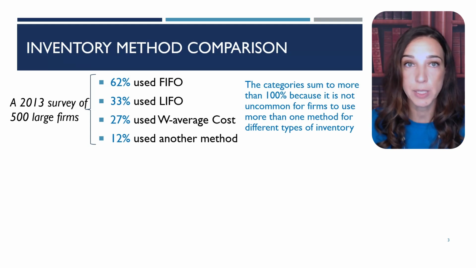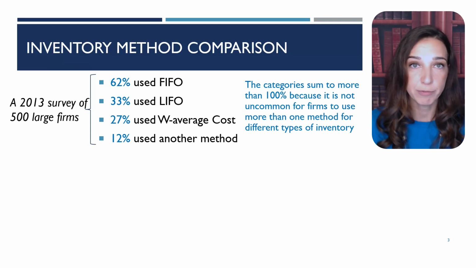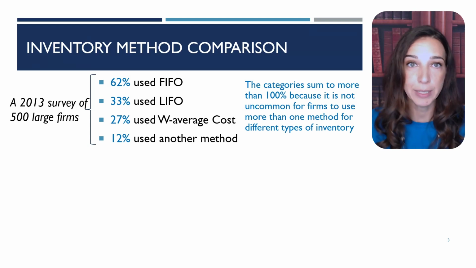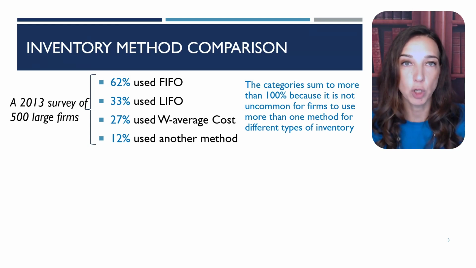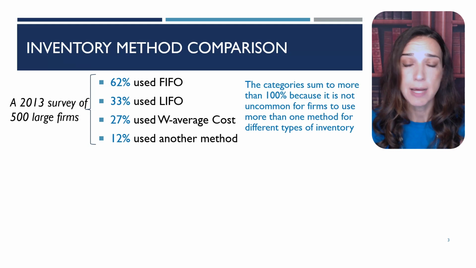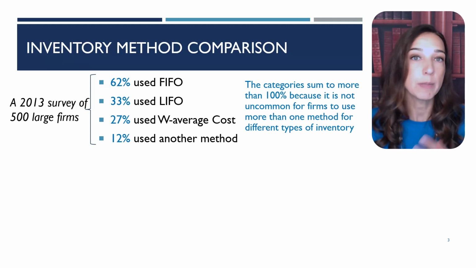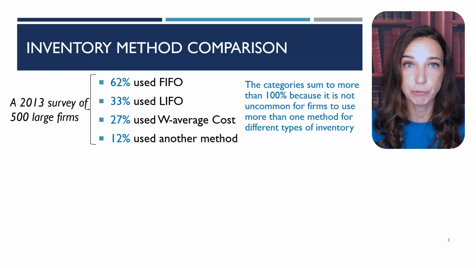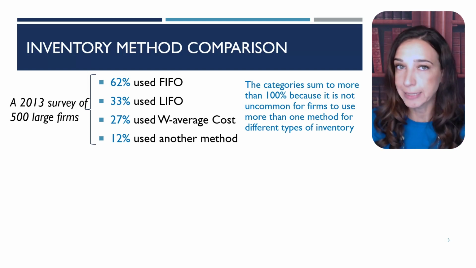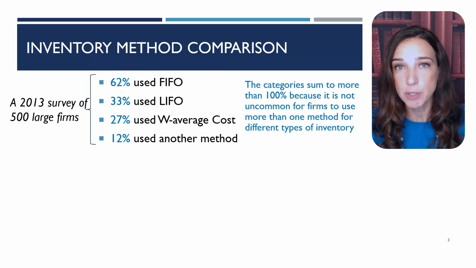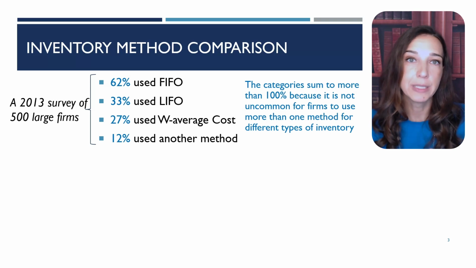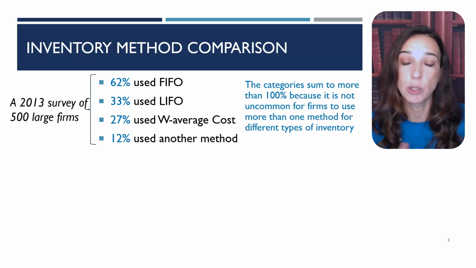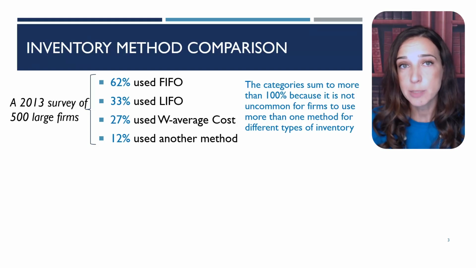If you have two companies, one a LIFO firm and one a FIFO firm, when they merge, perhaps they continue to operate the newly combined firm as two distinct business units, and they might elect to keep the two methodologies. Even in the absence of a merger, you might have a firm with two very distinct divisions and two different types of inventory, maybe with different input price volatilities, and it makes sense for them to follow different methodologies. So that is perfectly acceptable.